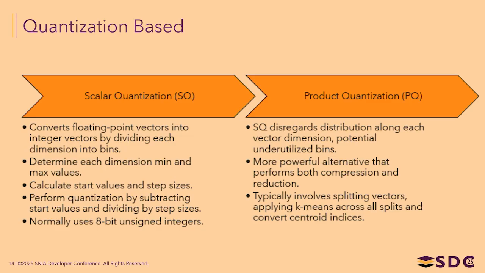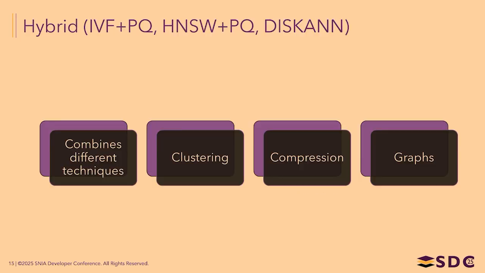By using less precision, you already know your recall rate may suffer, because you're taking away precision to have more speed or less memory pressure. Those are the two types of quantization.